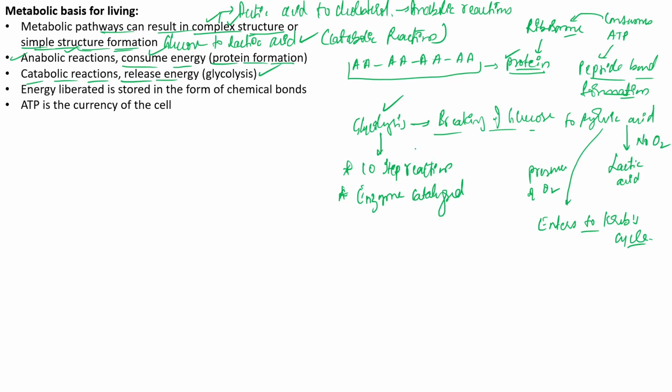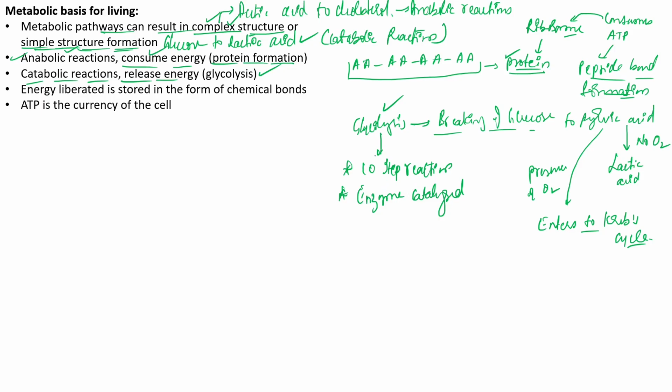None of the reactions are uncontrolled; none of them occur in the absence of enzymes. All of these reactions occur in the presence of enzymes. And interestingly, not a single enzyme controls all the 10 steps. Each step has its own unique enzyme, which you will study in the respiration chapter.